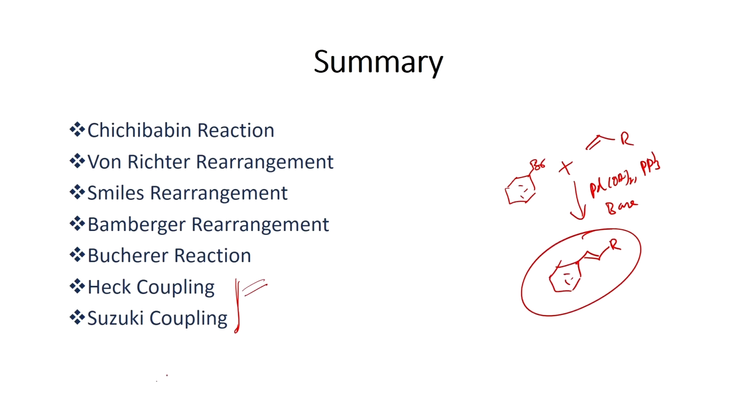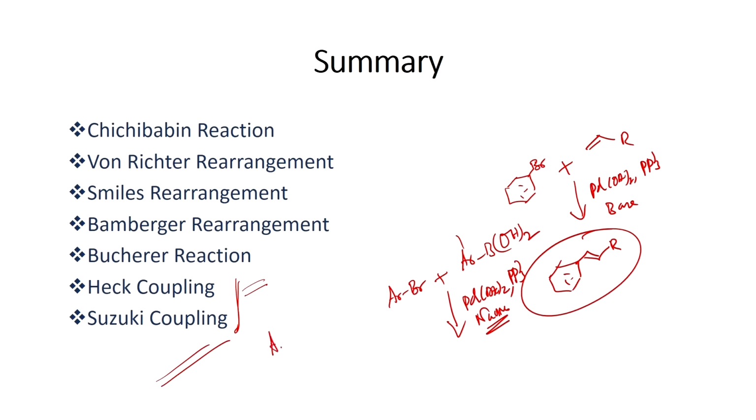Then we have seen the Suzuki coupling reaction. For example, if you have the aryl halide, you can try to couple it with boronic acid in the presence of palladium acetate, phosphine ligand and base. In this, you form the ate complex, which is crucial to push the reaction forward. Then we have seen the coupling of aryl halide with the terminal alkyne.